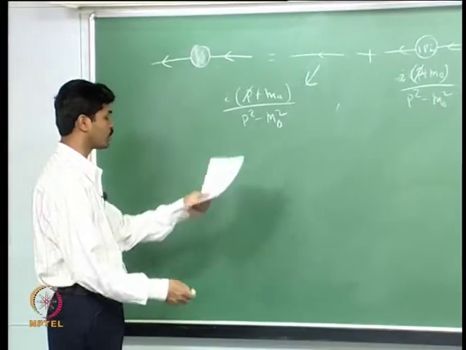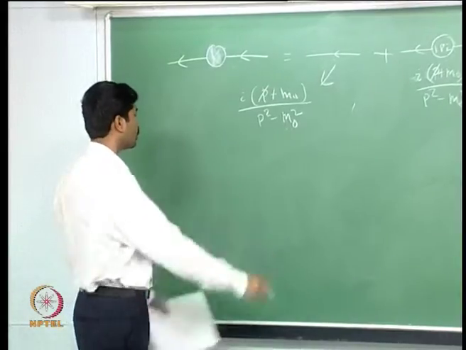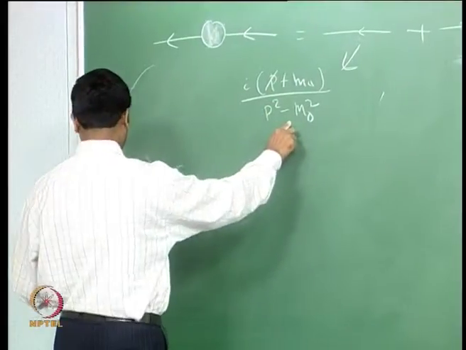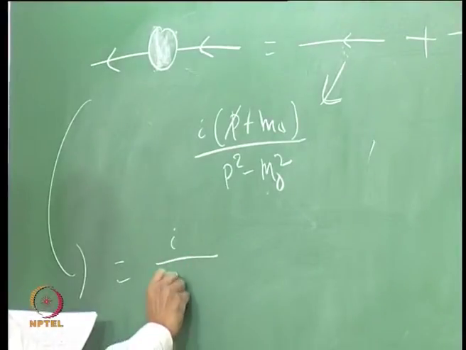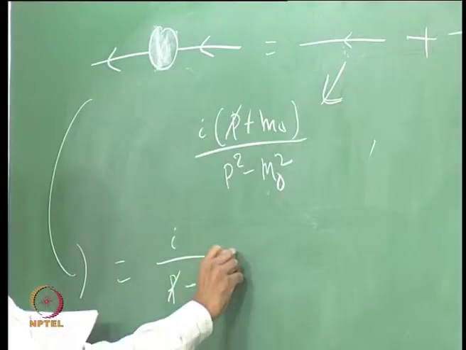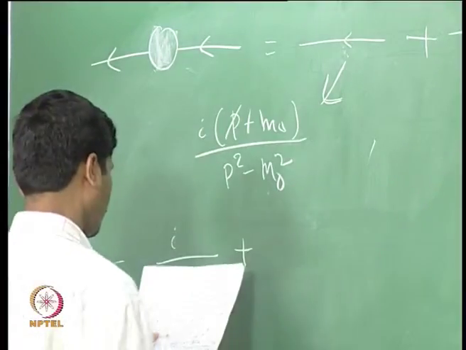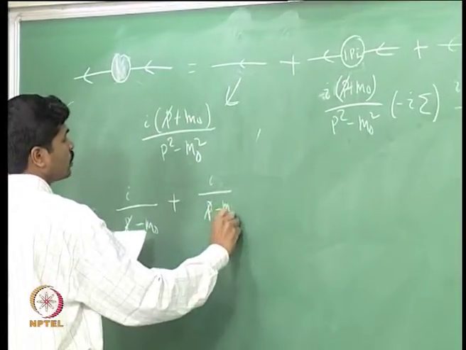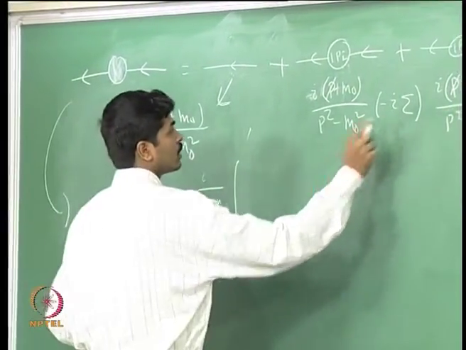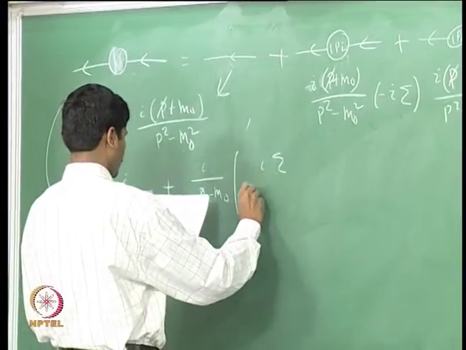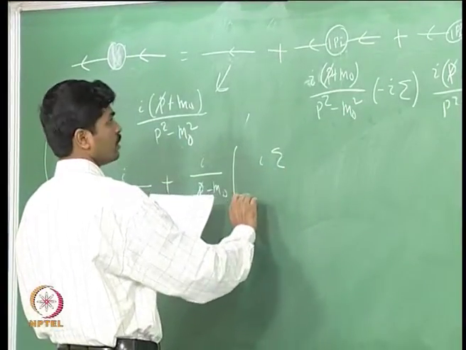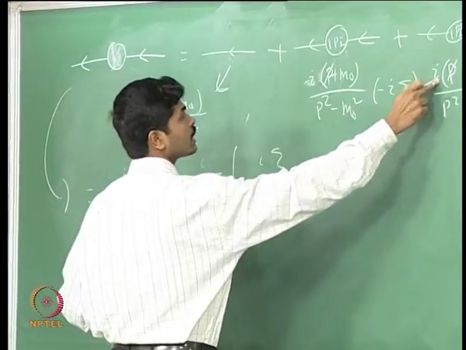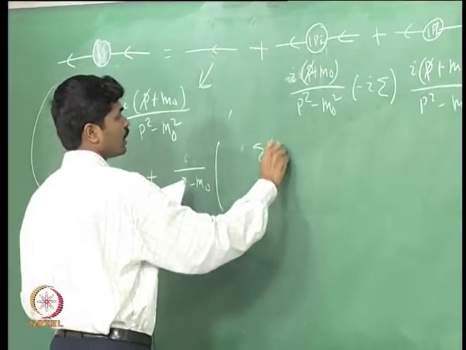It is of course very straightforward to sum it up. I will rewrite this term here. I will simply write it as, the first term is i over (p slash minus m0), and the second term here is basically i divided by (p slash minus m0) times i sigma, so this minus i will give you plus 1.